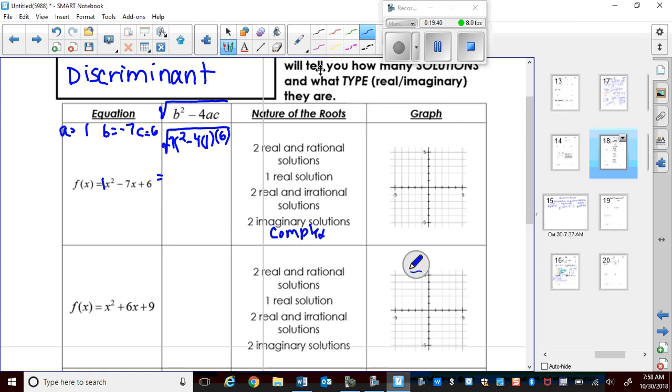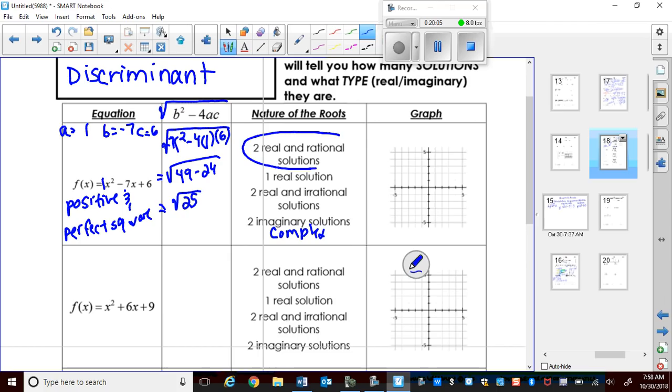This equals the square root of 49 minus 24, or the square root of 25. So if the number inside is positive and a perfect square, you will produce two real and rational solutions.